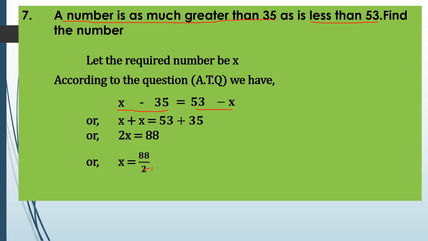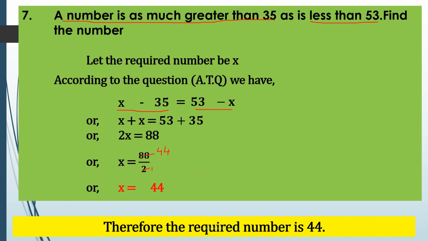So 2 ones are 2, 2 fours are 8, 2 fours are 8. So what is the value of x that we get? 44. And what is this 44? It is the required number. Therefore, the required number is 44. And please do not forget to write your answer in words, because this is a word problem.